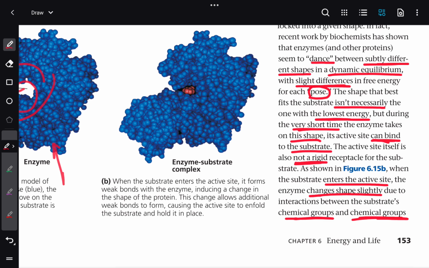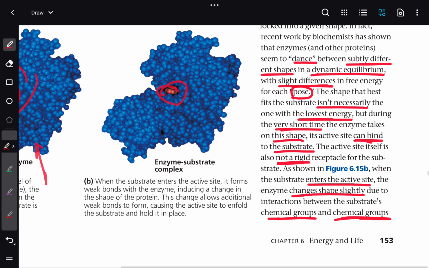Now, once it binds to it, the substrate influences the active site.